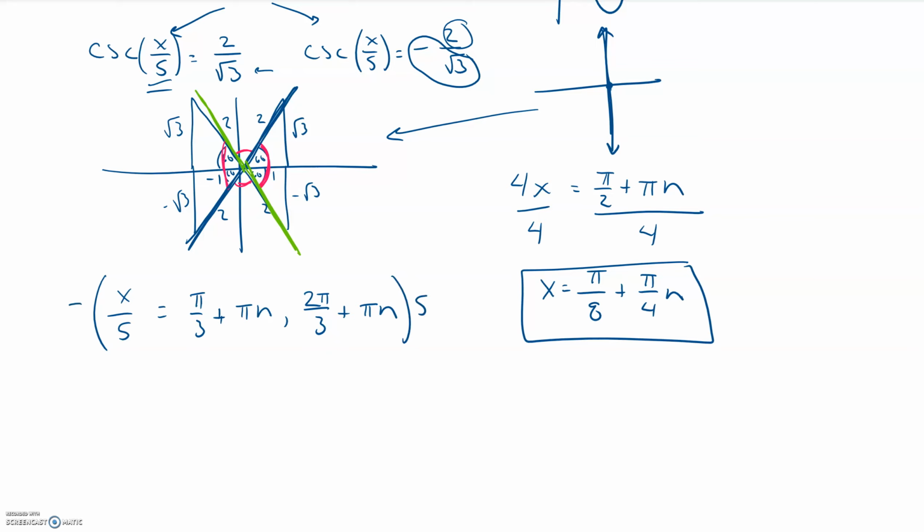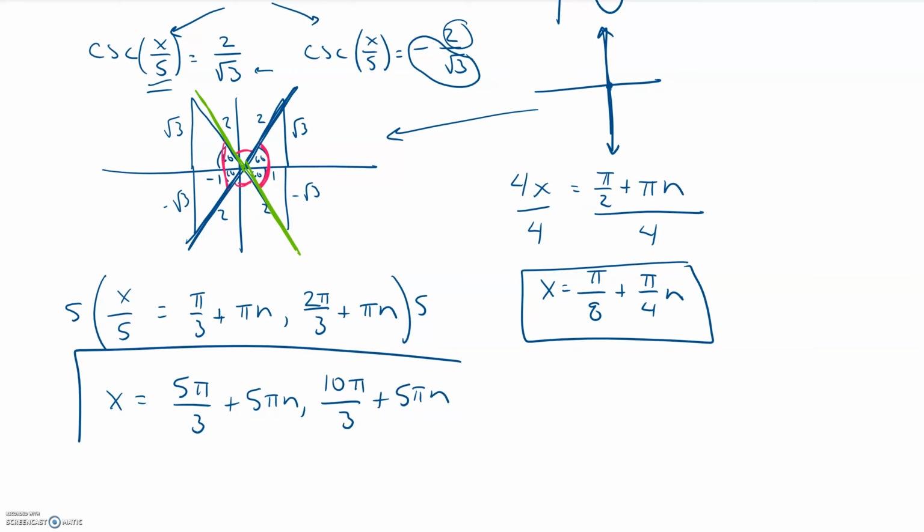Multiplying everything on both sides by 5, we get x equals 5 pi over 3 plus 5 pi n and 10 pi over 3 plus 5 pi n. So these two answers combined, so we have 3 answers total, solve this problem for us.